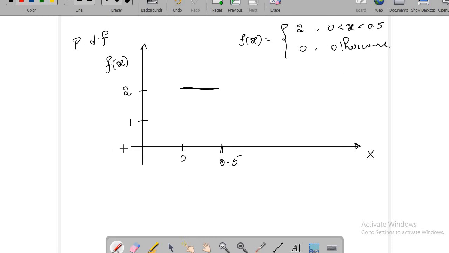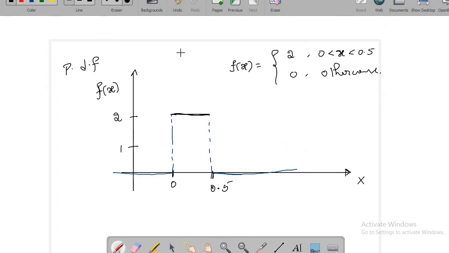Okay, so before 0 the function is 0, and at 0 it goes up, and after that it goes to 2, and it will continue at 2 till 0.5, and then it comes down and continues here at 0.